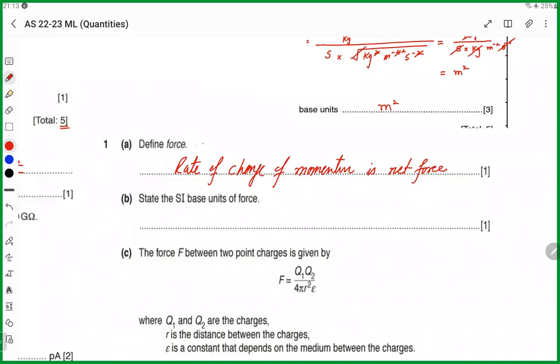Force is actually push or pull of one object on another. State the SI base unit of force. I asked you to remember it, but even if you don't, F equals to MA. Yes, kg m s minus 2.